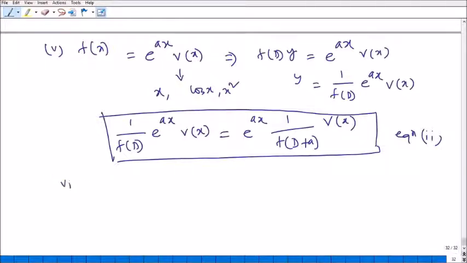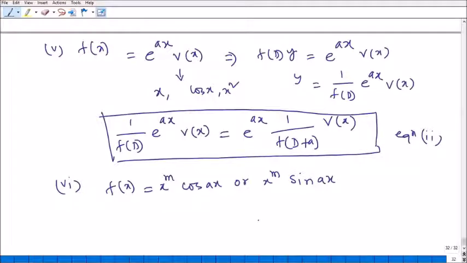Now the sixth type of function: suppose the function f of x has the form x to the power m and cos of ax, or x to the power m sine of ax.